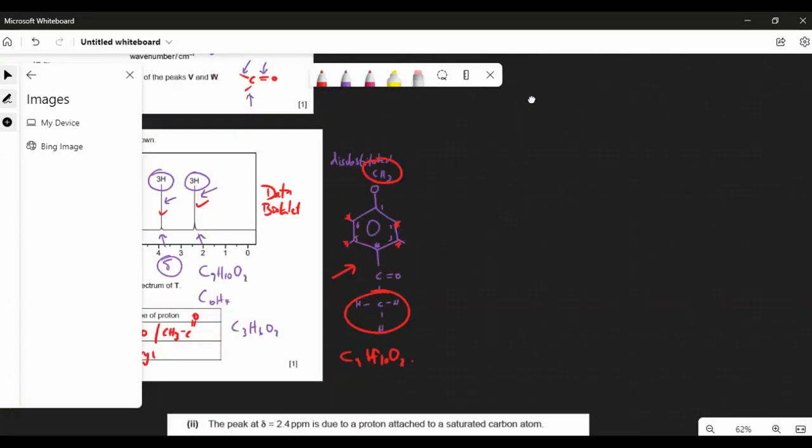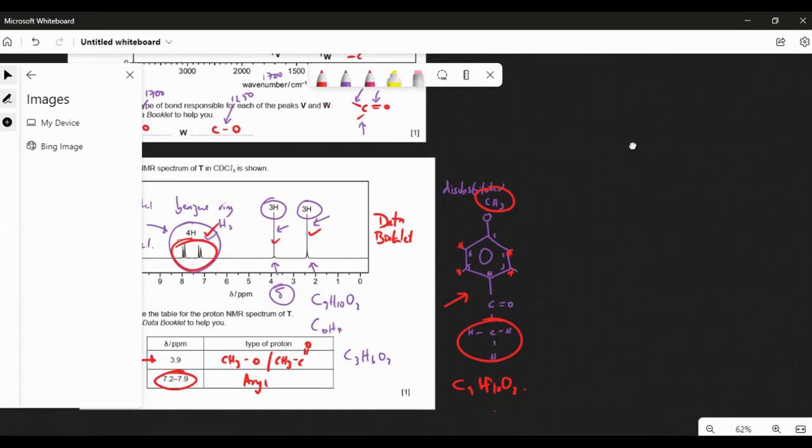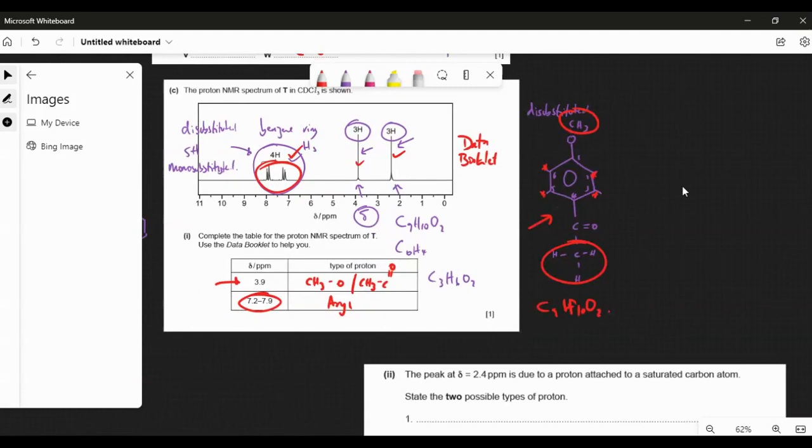Okay, I'm getting confused here. There's my picture. The peak at 2.4 is from a proton attached to a saturated carbon atom. So, well, it could be this one, couldn't it? These are connected to a saturated one, and so are these.